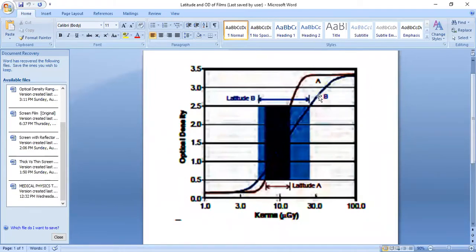Clearly, you can see that because graph A has a steeper slope, steeper gradient, it is going to give us a better contrast. B is going to give us a reading with less contrast.